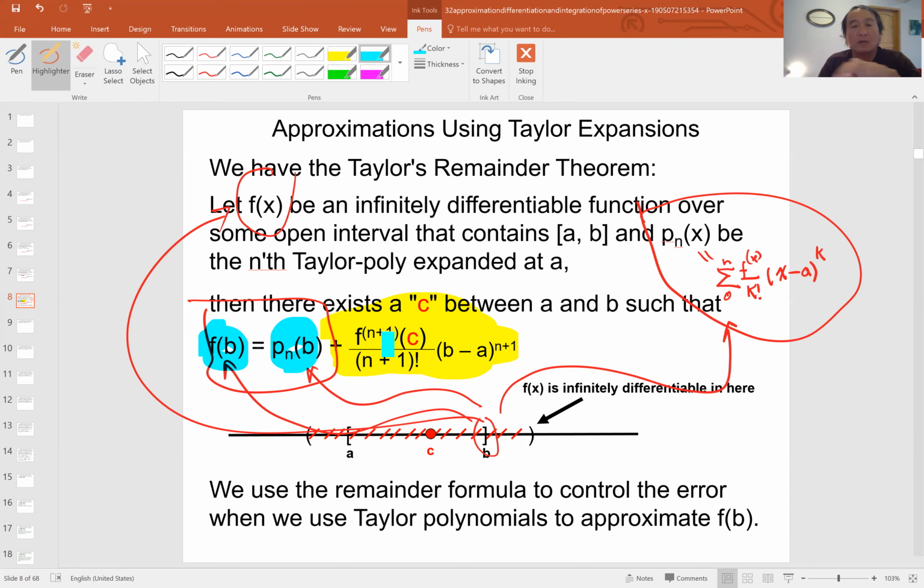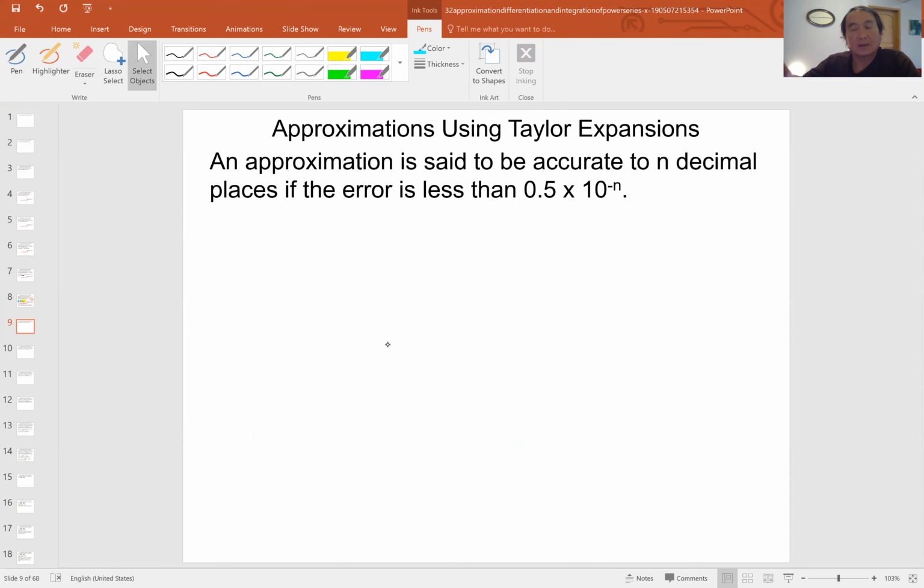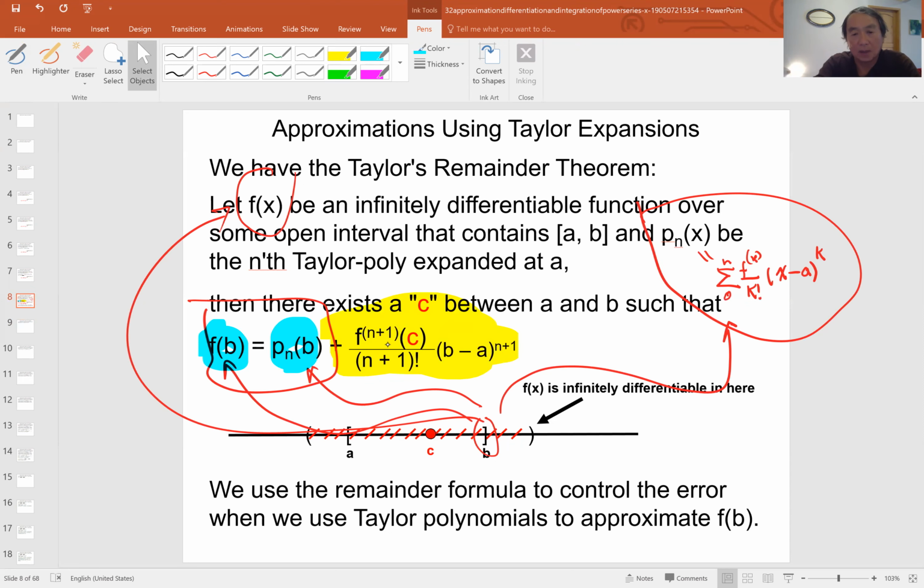I want to make sure the error is no more than the specified accuracy, and then I want to find a polynomial that will do the job, so that the yellow part is smaller than the specified accuracy, for certainty.